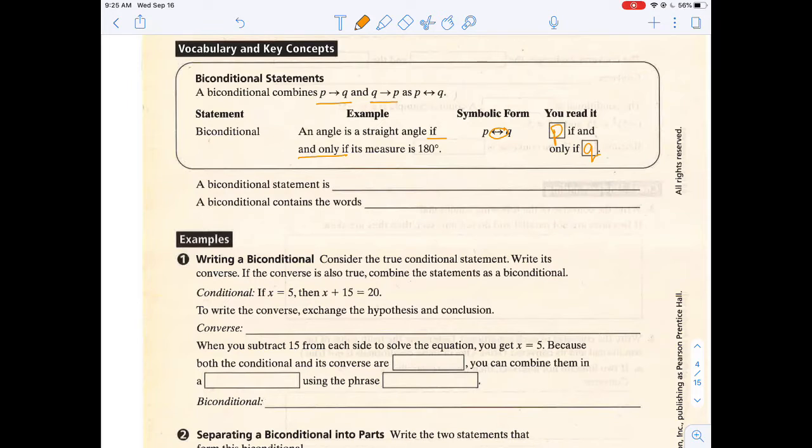A biconditional statement connects the conditional and its converse, so writing it forwards and backwards.